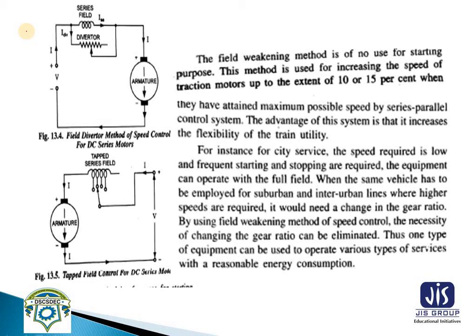Now the field weakening method is of no use for starting purpose. This method is used for increasing the speed of traction motors up to 10 to 15% when they have attained the maximum possible speed by series parallel control.